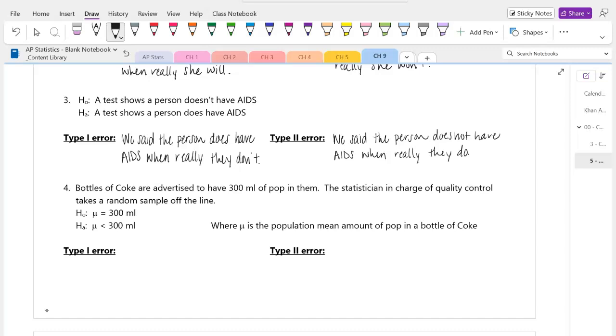So our type 1 error is that we conclude there may be less than 300 milliliters when really it was equal.